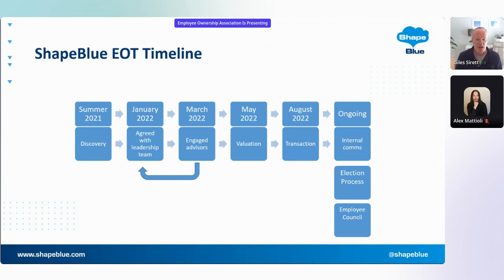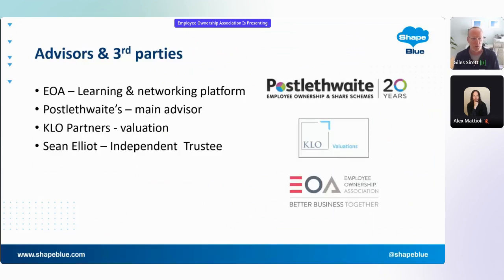During the process, we used a number of advisors, and as I mentioned earlier, the Employee Ownership Association, that's my categorization, I'm putting them into a pigeonhole there. I see the EOA as a learning and networking platform, and they were certainly invaluable when I was at that early stage. I'd read the case study of Richer Sounds and thought, how on earth could that work?